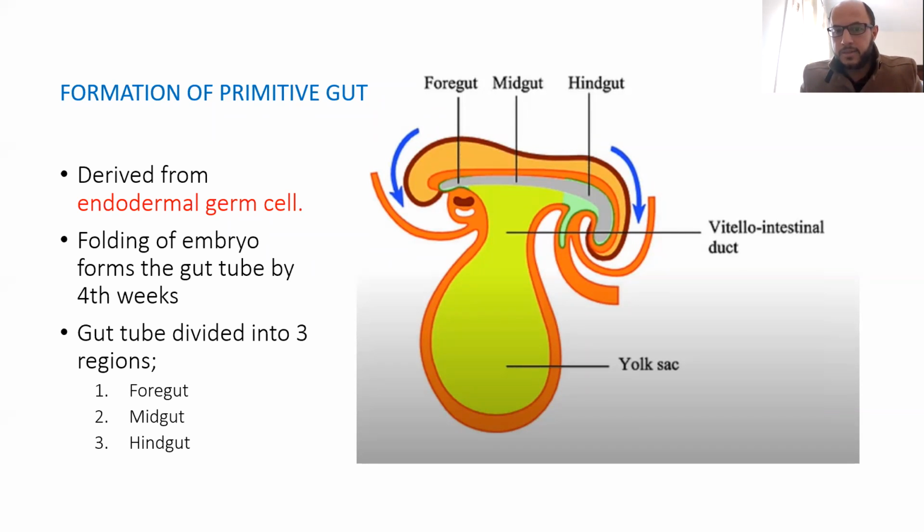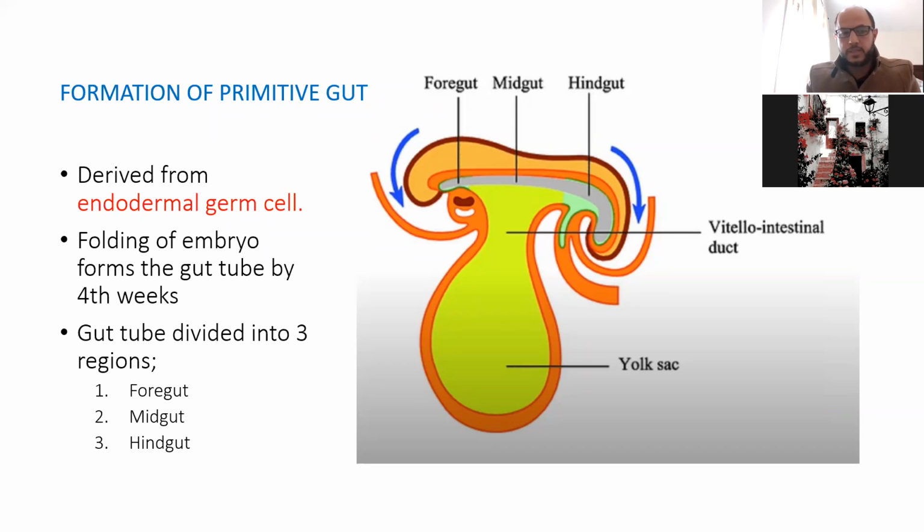Skin and central nervous system. Very good. What are the organs derived from the mesoderm? Mainly heart and blood vessels. Correct. And the organs derived from the endoderm include most of the other organs, including the gastrointestinal tract.